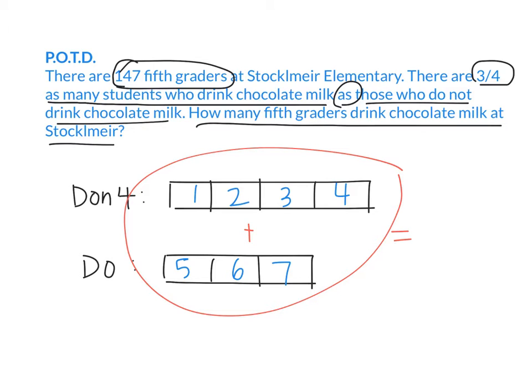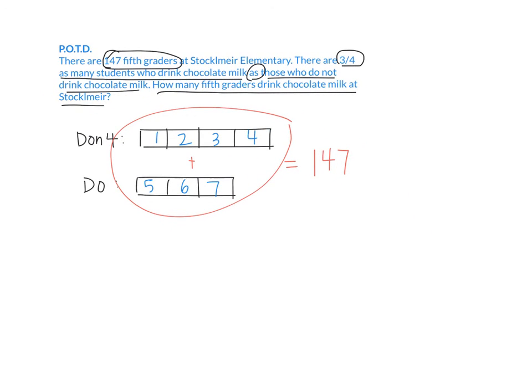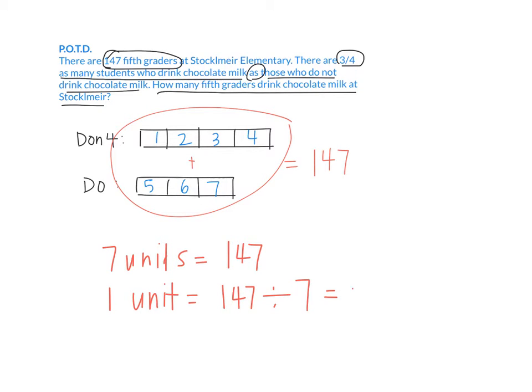How many 5th graders does the problem say there are? 147. So that means I've split 147 into how many units? 7. So what you need to write next is 7 units equals 147. Then how can I find out how many students are in 1 unit? I would just have to do 147 divided by 7, which is 21.